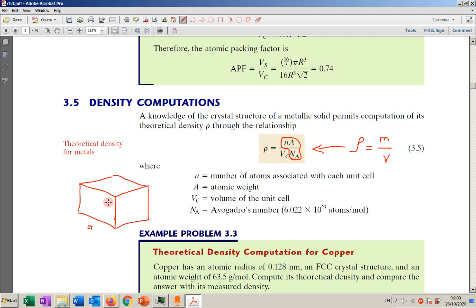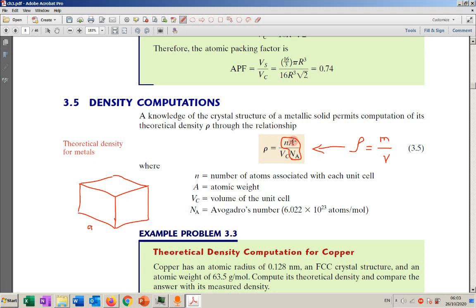So if this is a simple cubic arrangement, I can calculate the weight of one atom, and the weight of one atom divided by the volume will give me density. If this is BCC, we know there are two atoms, so I need the weight of two atoms. If it is FCC, it will be 4 atoms. So how would I calculate the mass of an atom in that case?